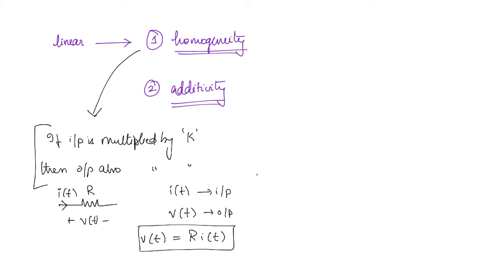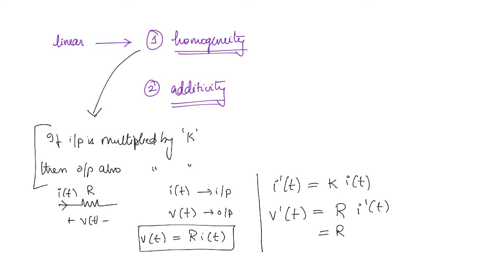Now if you multiply the input by k, there's a new input current which is k times that of the old current. Now what will be the new voltage? This will be equal to the resistance into the new current I dash of t. So this will be equal to R into, what is I dash of t?